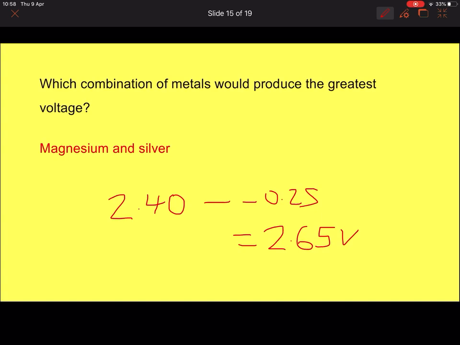Now this is complicated, we've gone through it quite quickly. But what I want you to understand is the process of two metal electrodes connected to a voltmeter in an electrolyte, and then electrons are flowing. Electrons always flow from the most reactive metal. We can use any combination of metals, and electrons will always flow from the most reactive.